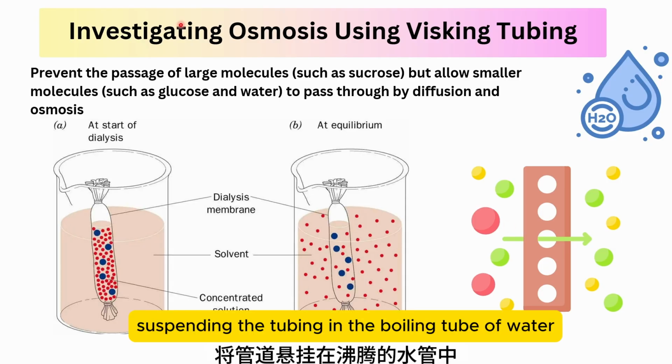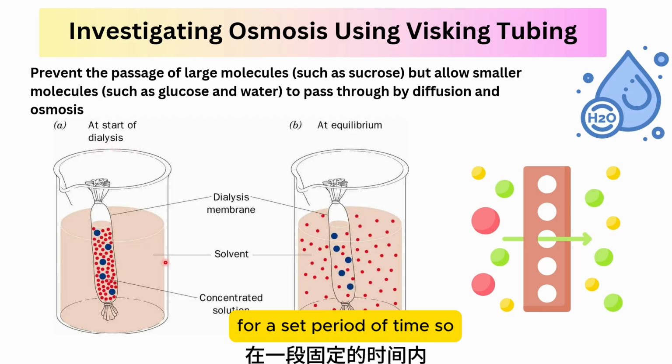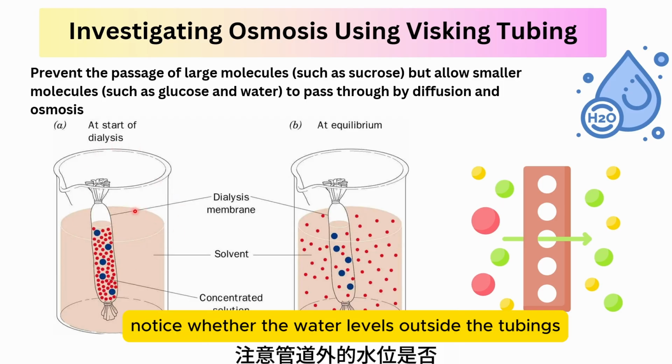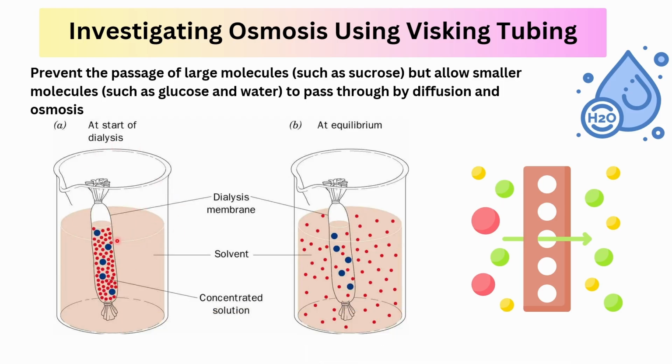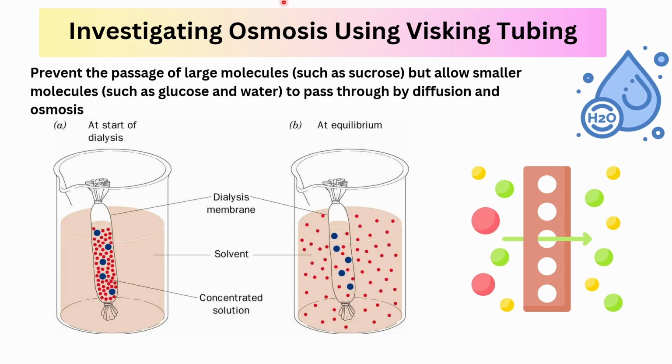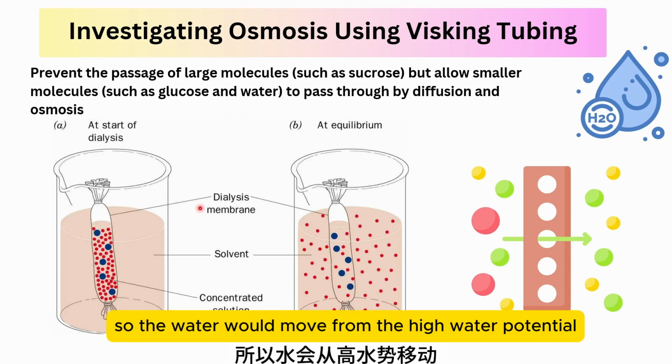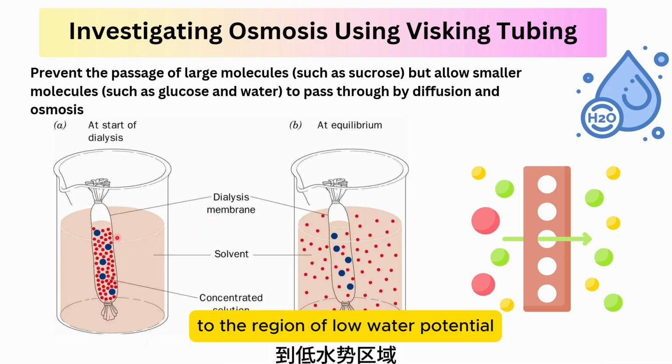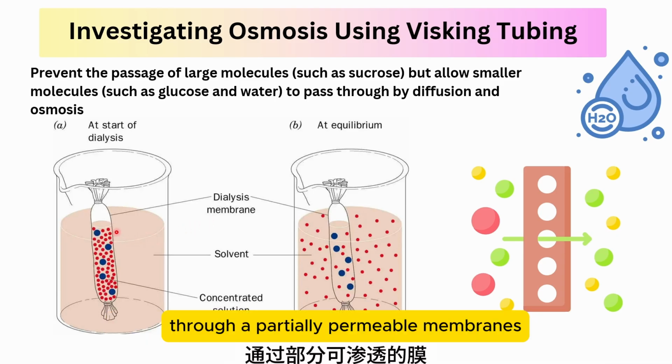First, suspend the tubing in a boiling tube of water for a set period of time. Notice whether the water level outside the tubing decreases as the water moves into the tubing by osmosis. The water will move from the region of high water potential to the region of low water potential through a partially permeable membrane.